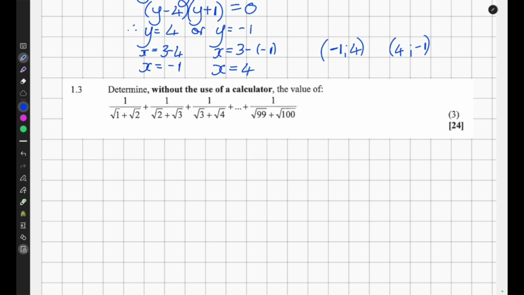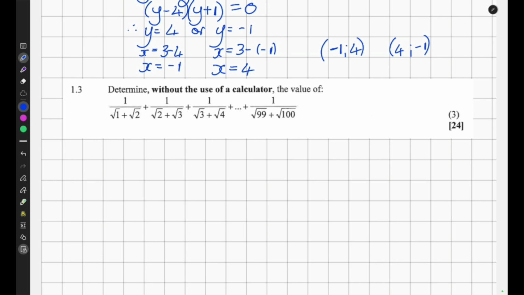Now, with something like this, I would, even though they say don't use your calculator, I would just type in the first one in my calculator just to see what's happening, because I can't really see what type of math this is. It's not an equation, it's not factorization. I don't know. So I'm just going to type in what is 1 over √1 plus √2. Okay.